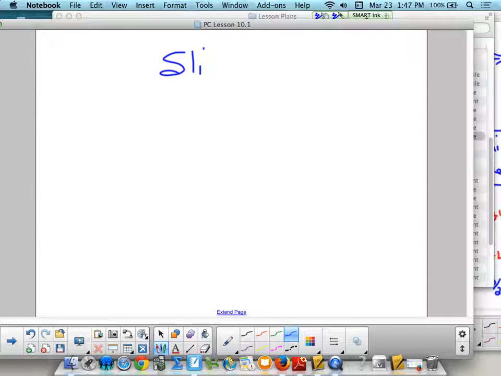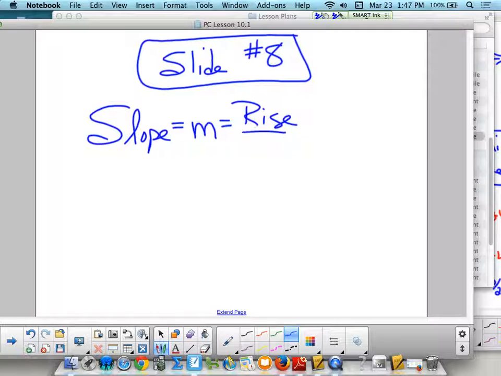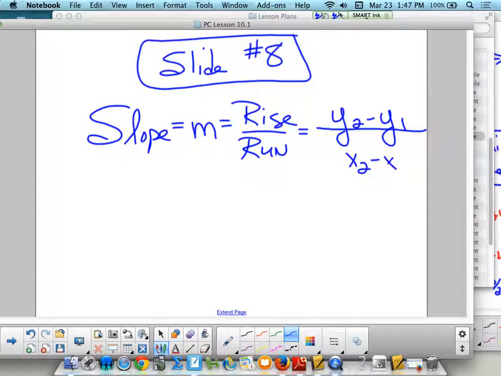I'm writing this, I'm just talking now so people can hear me. Slide 8. In slide 8, you needed a few things. First of all, how to find the slope. We can use rise over run or the slope formula. How do you write equations?